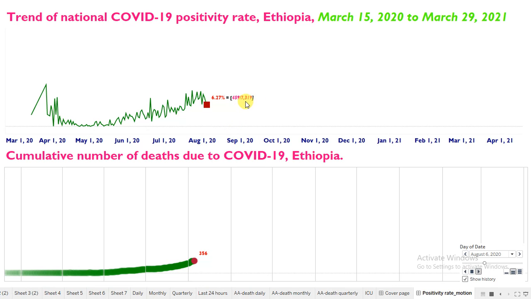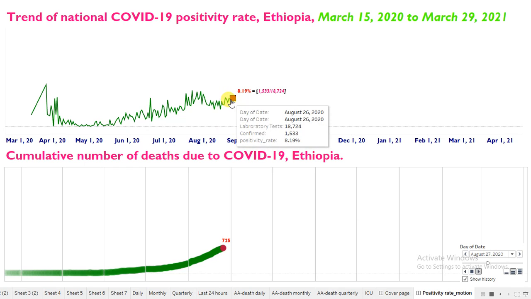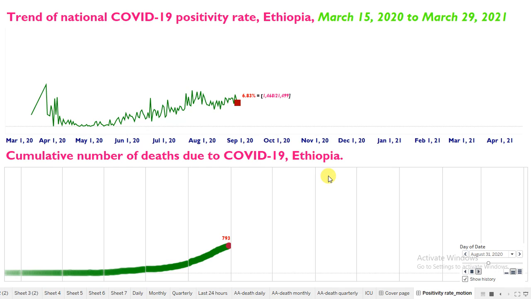And 8,000, 7,000, 9,000 tests were conducted in the last 24 hours. So you can see that the positivity rate is picking up, but still less than 10%. If we talk about community COVID at this point in time, early September, one can say that 10 out of 100 may be found to be positive.